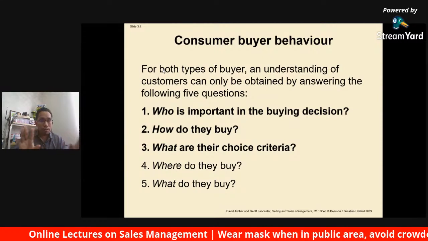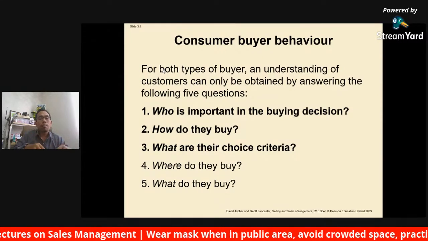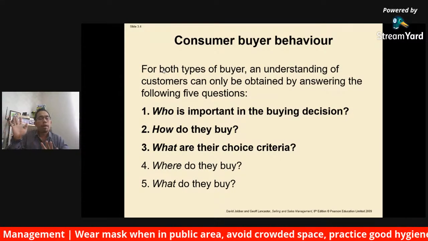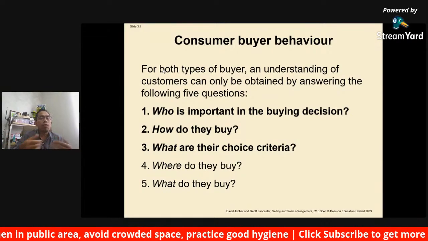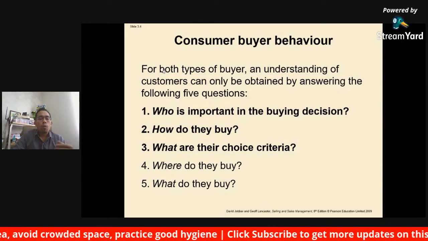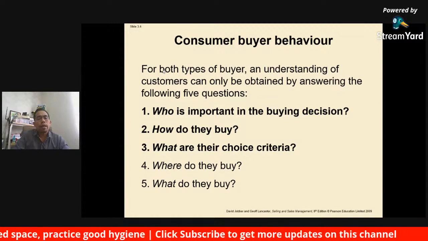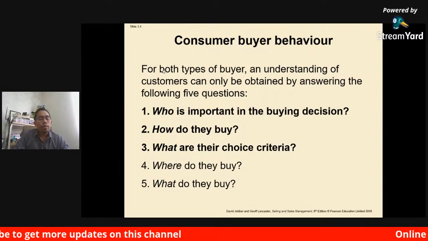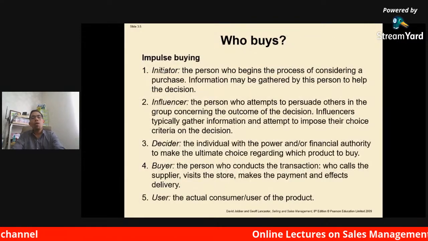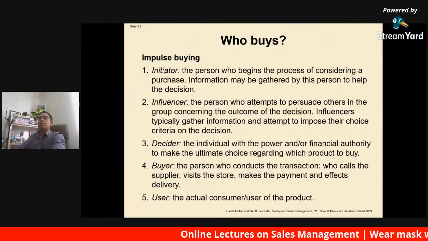I'm not saying that people who sell at the night market are not good, but it is an inappropriate and unsuitable channel. What do they buy? What is the purpose of their purchase decision? Why?